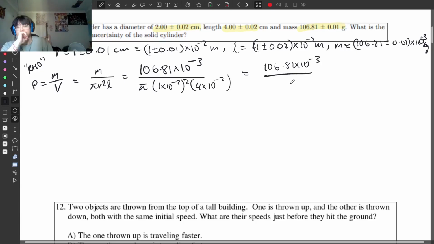And then 10 to the minus 4 minus 2 gives you 10 to the minus 6. So it would be 4 times 10 to the minus 6 pi.